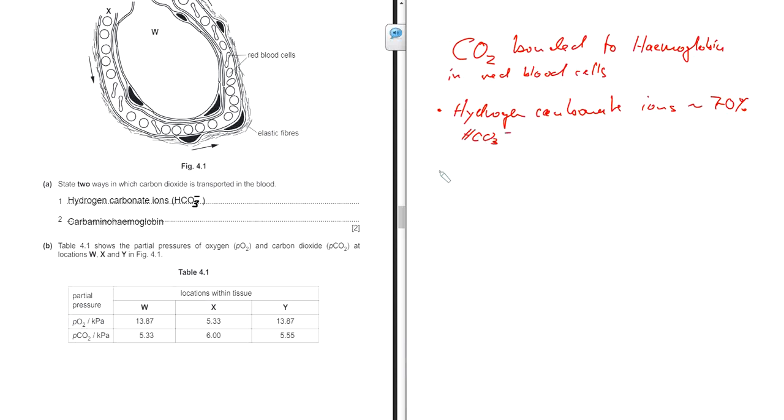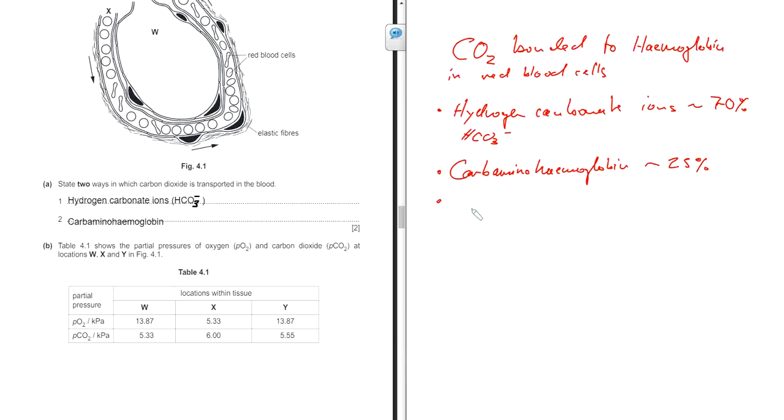Then we have carbaminohemoglobin, about 23%, I think.